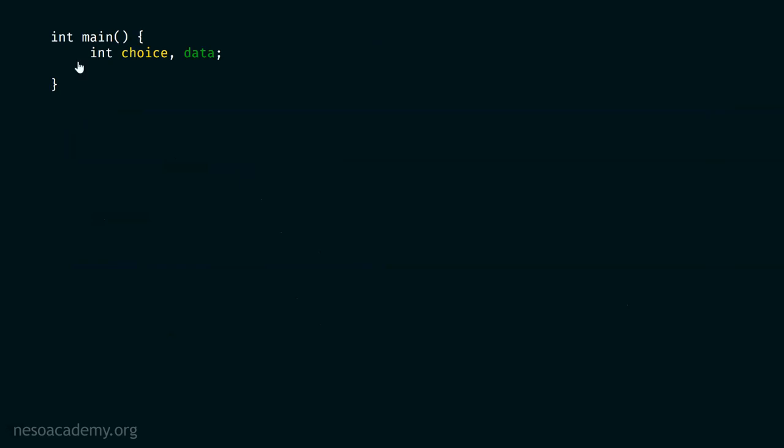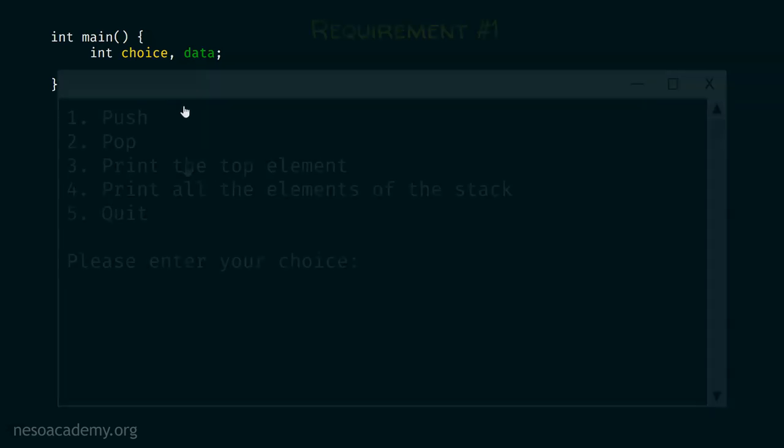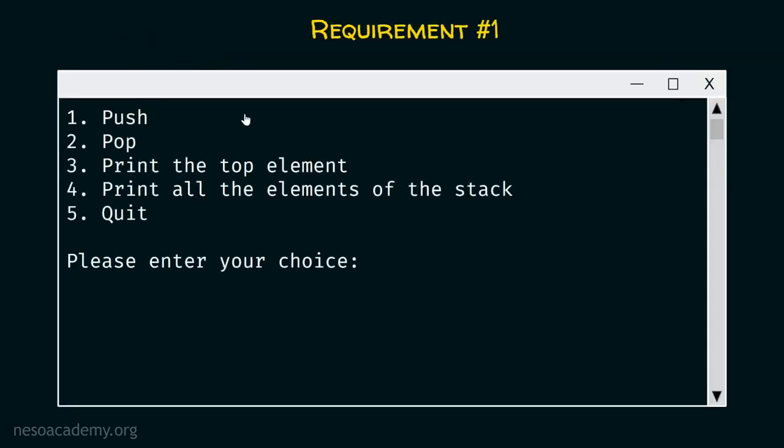So obviously in the main function, first we will declare two variables, choice and data, right? The choice variable is required to store the choice entered by the user and the data variable is required to store the data, maybe the deleted data or maybe the data that the user wants to push, right? Now requirement 1 is to print all these things on the screen.